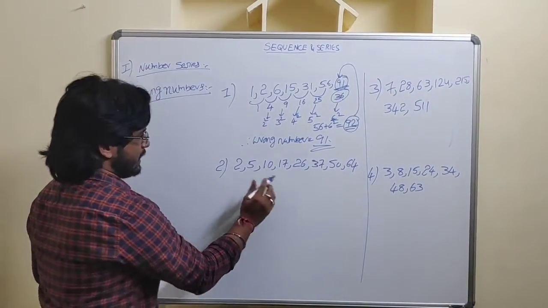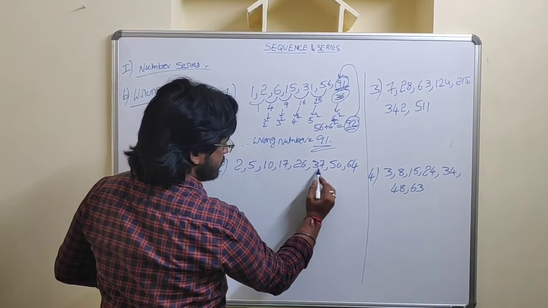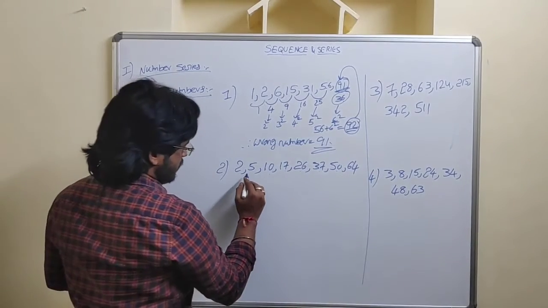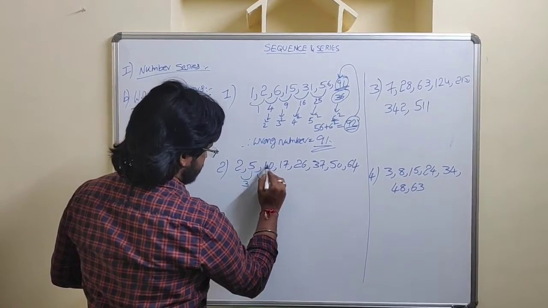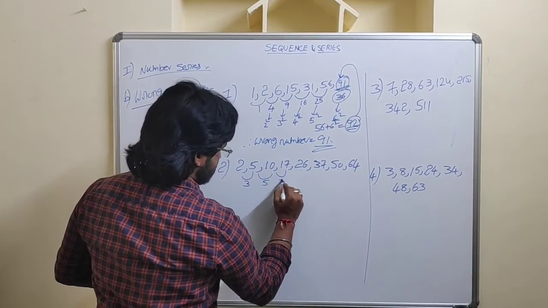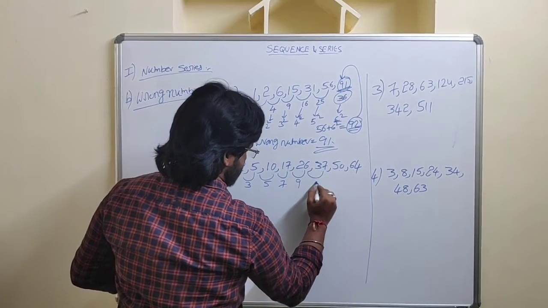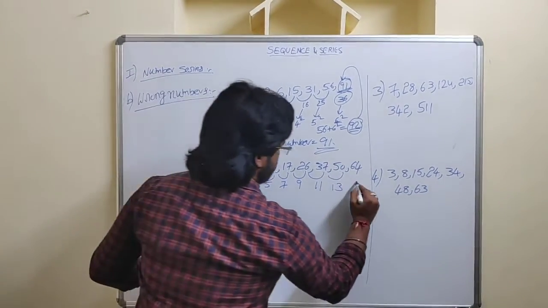The second question is 2, 5, 10, 17, 26, 37, 50, 65. Here you can take the difference: 5 minus 2, you will get 3. In a similar fashion, 5, 7, 9, 11, 13, and the next will be 15.